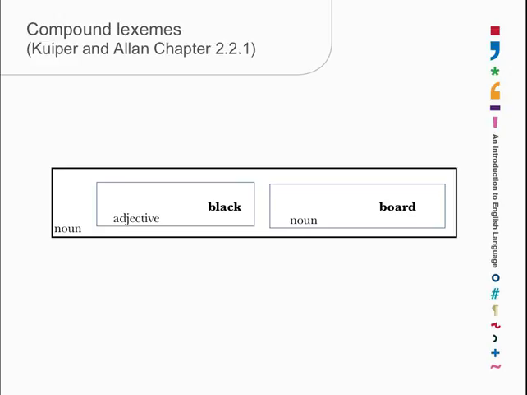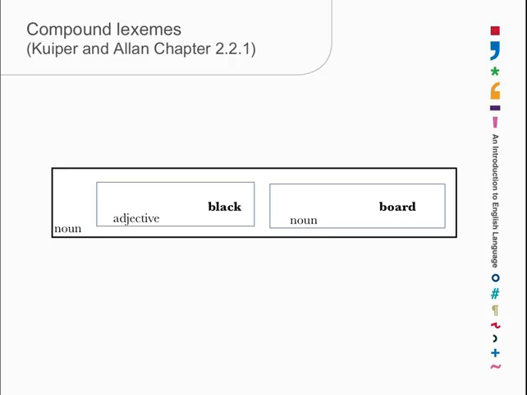Let's have a look at compound lexemes to start with, and let's go back to our box diagram, only this time we've put the boxes inside. What we've got in the case of blackboard is two lexemes, black and board, going to make up a new lexeme, blackboard.